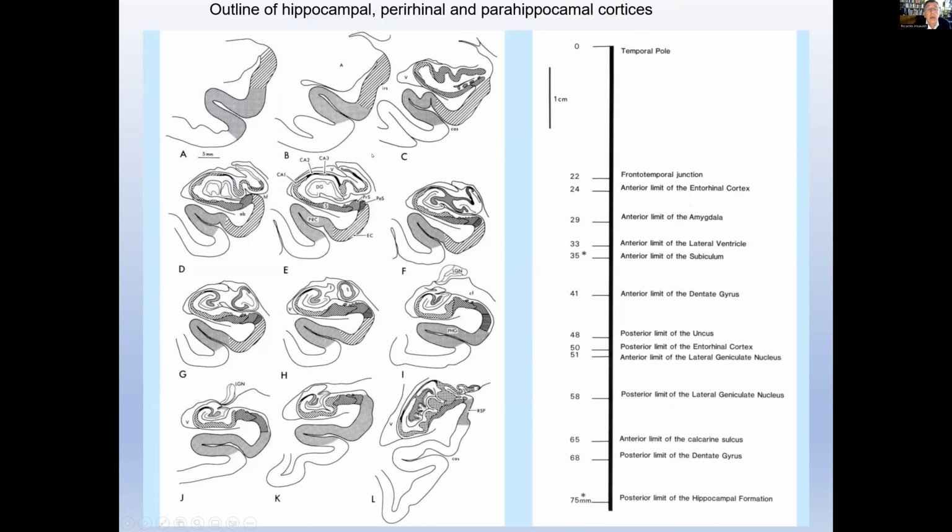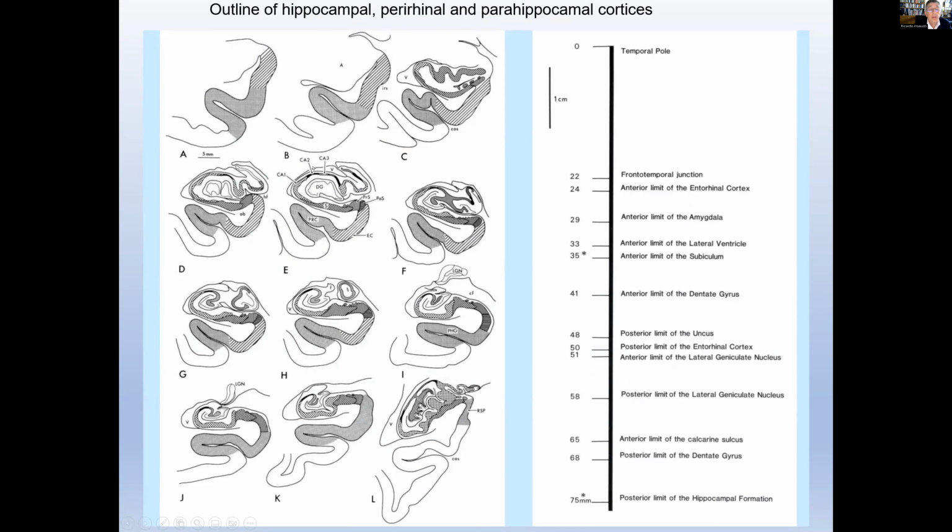So we can see here something that we produced many years ago in The Human Nervous System, the book by Paxinos and Mai, and we can see the different parts of the hippocampus with different fields, from the beginning of the hippocampal head.